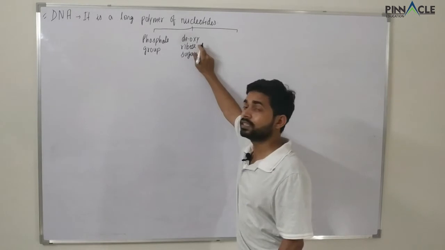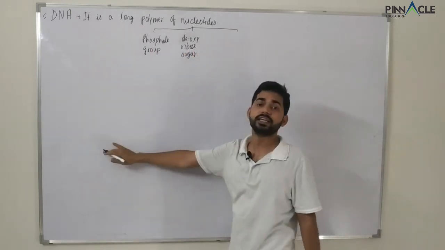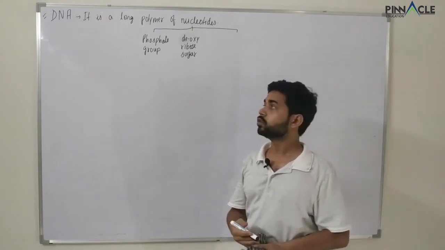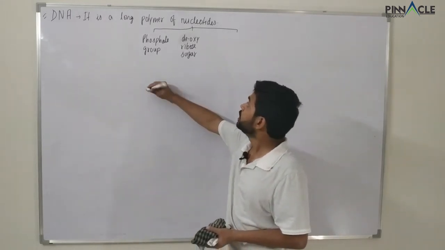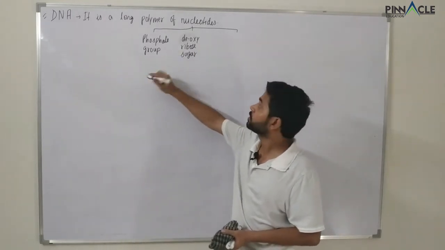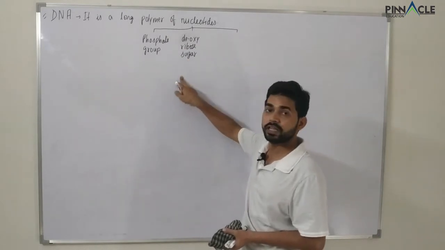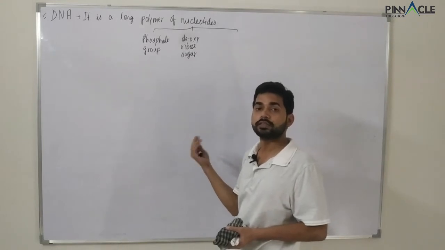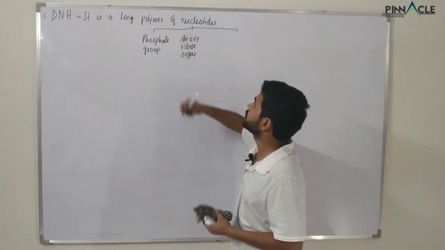This deoxy is necessary because we are studying DNA. The full form of DNA is deoxyribonucleic acid. So why is it called deoxy? Because in this ribose sugar, as we will later study in the structure, the OH group at the second carbon is lacking, and that is why it is called deoxy.